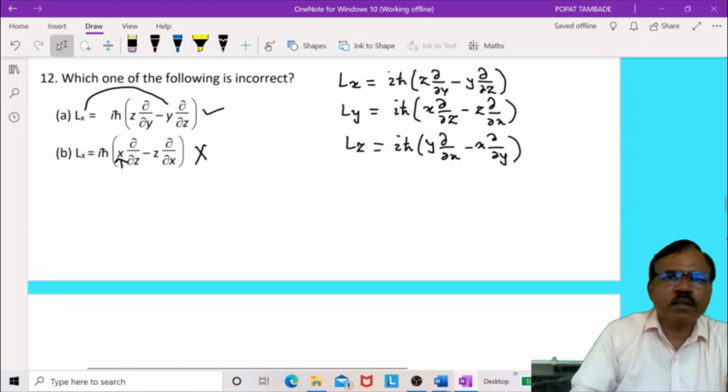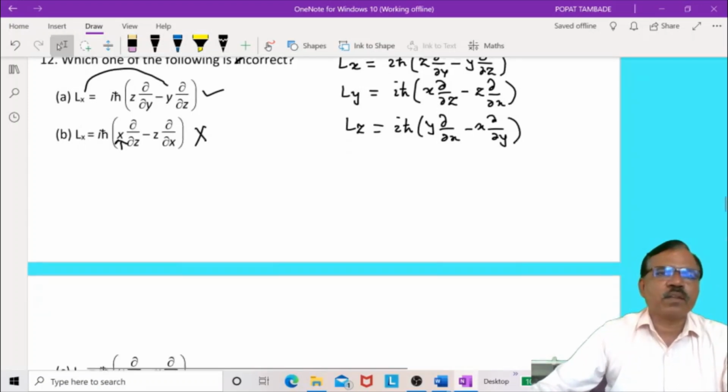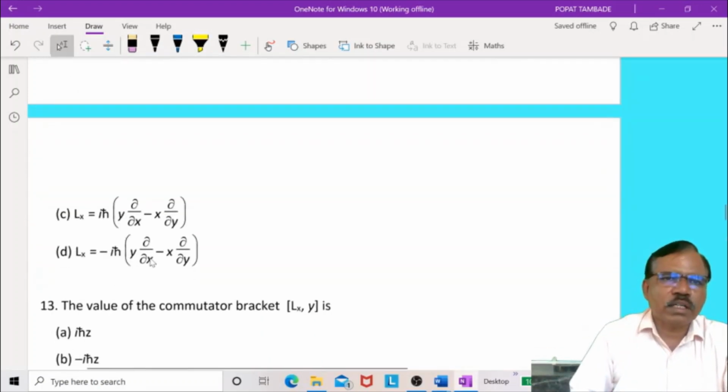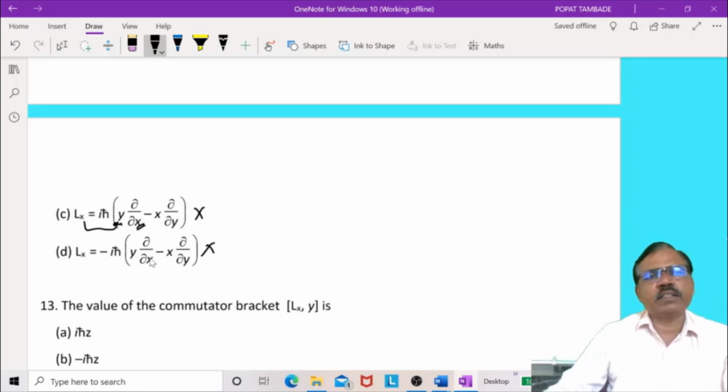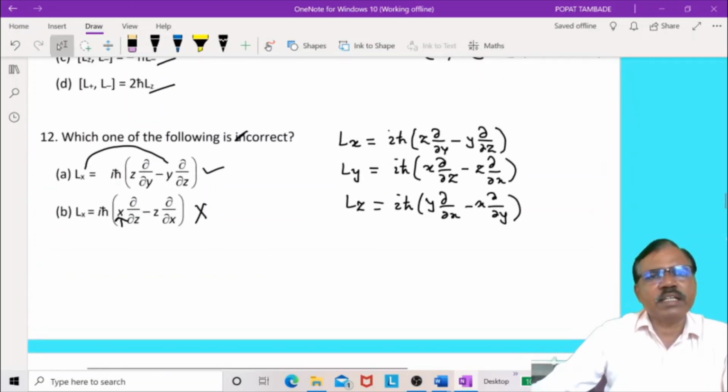So we have to take here which one is correct, not incorrect. So this one is also not correct. So here we must have z and ∂/∂y. Here the x component is not there, means ∂/∂x is not in Lx. This is also not correct. So only the first one is correct.